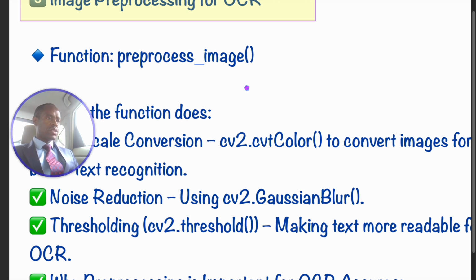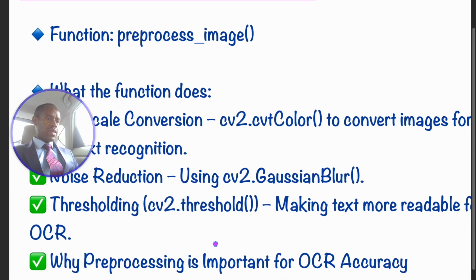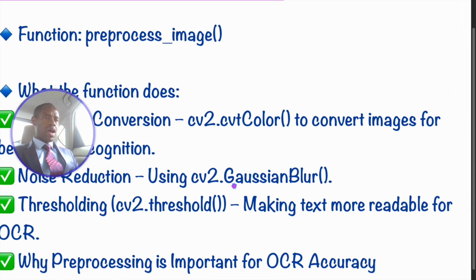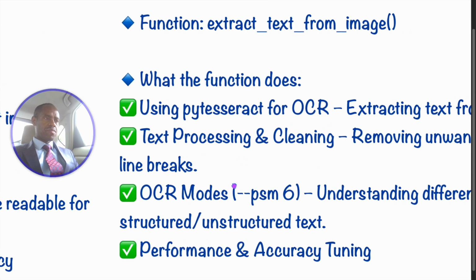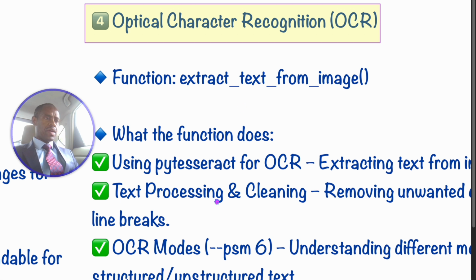This is the third functionality, pre-processing the image. It's grayscaled, noise is reduced, and it does thresholding to make sure the text is more readable, and it will ensure the accuracy. The fourth functionality is done here.